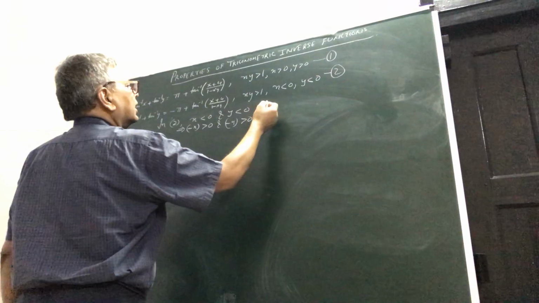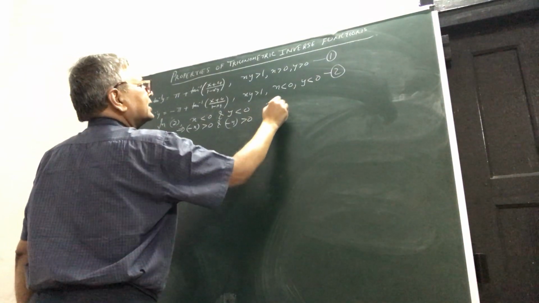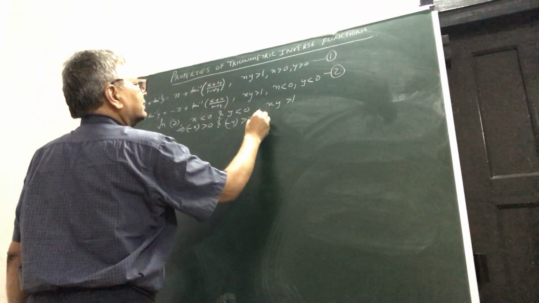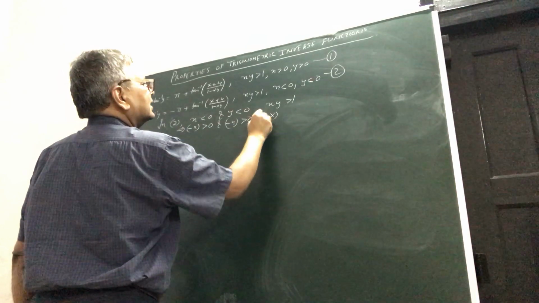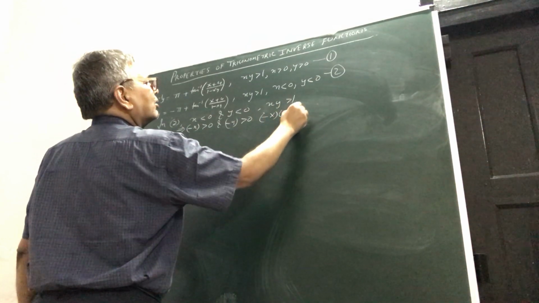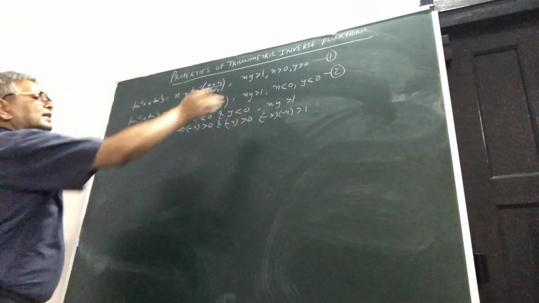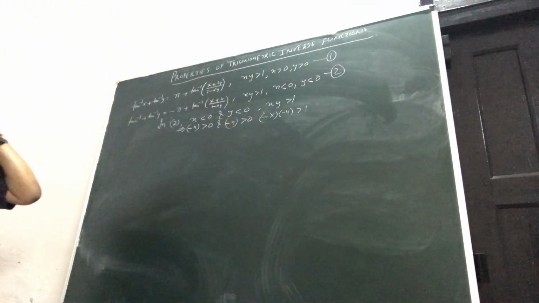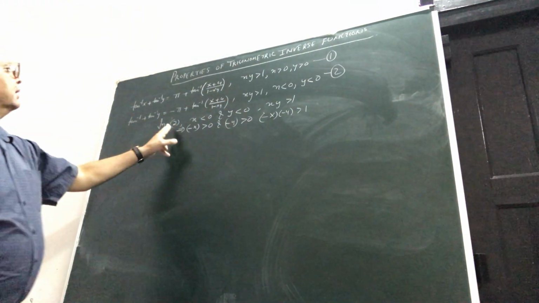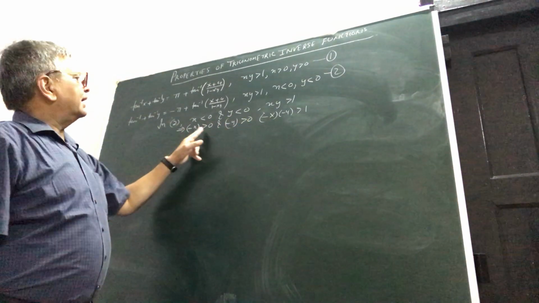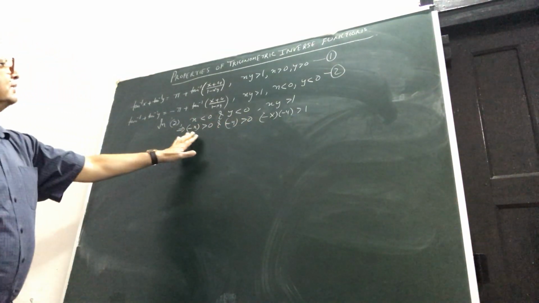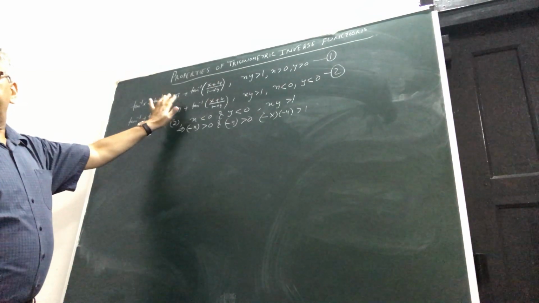And of course xy is greater than 1 here, and then minus x into minus y will also be greater than 1, because minus x into minus y is nothing but xy. So see what actually is happening with this. If you take minus x and minus y, this will correspond to result 1.